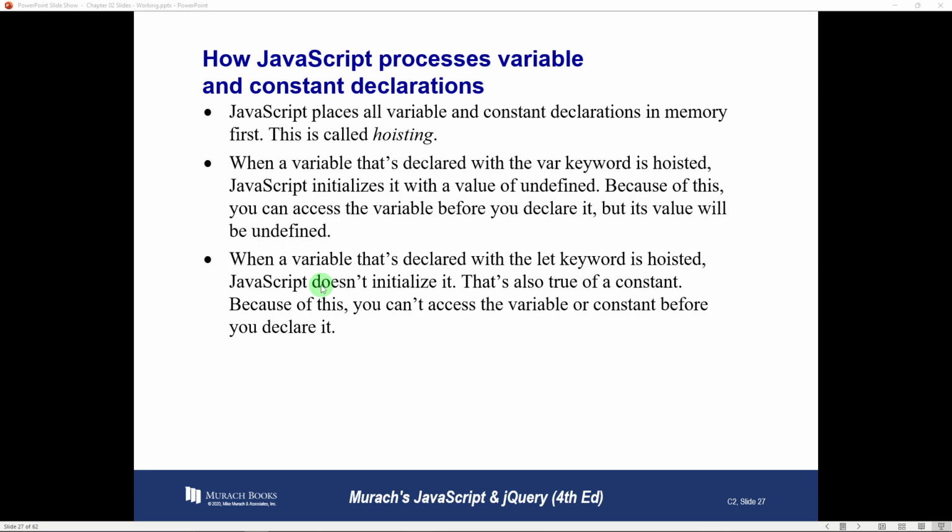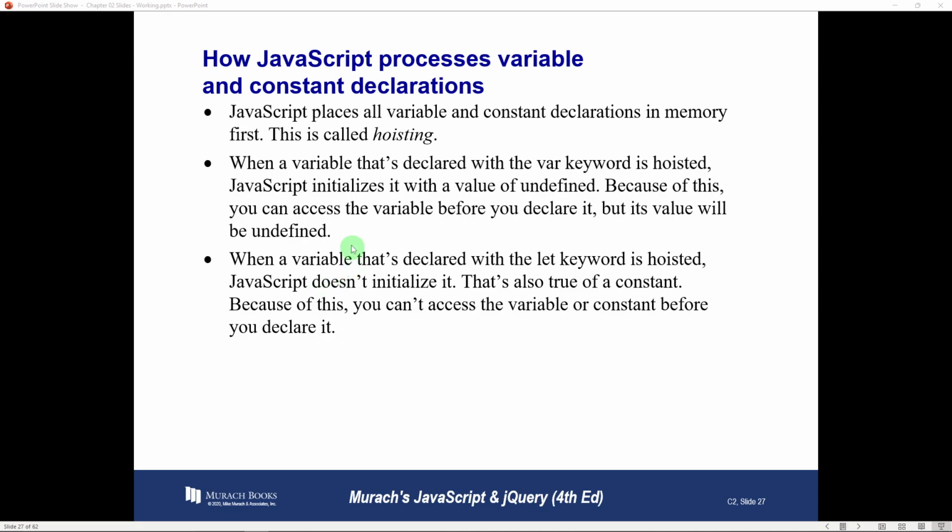All right, so this is important to how JavaScript works, and it explains some of the differences between var and let. So let's talk about how JavaScript processes the variables that we're going to be using in our code. So I have a big page full of JavaScript.